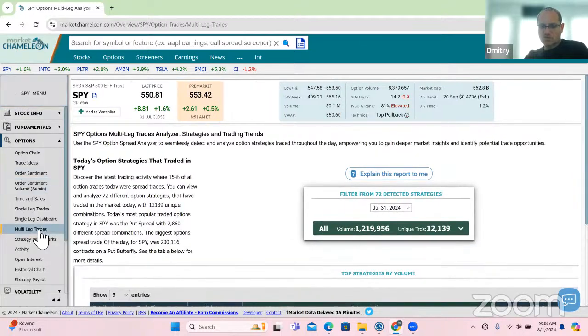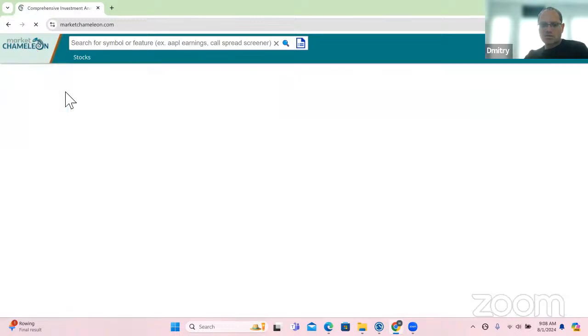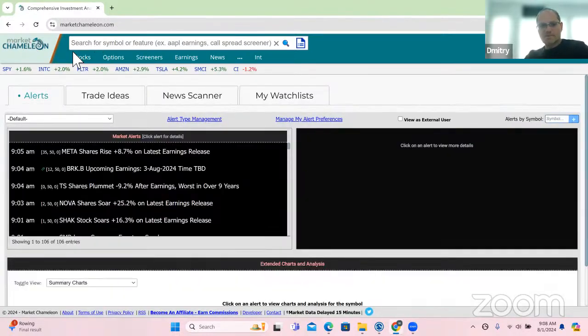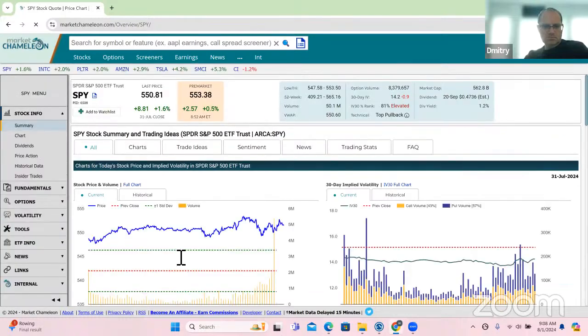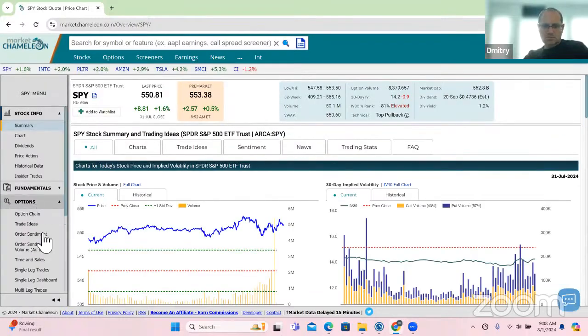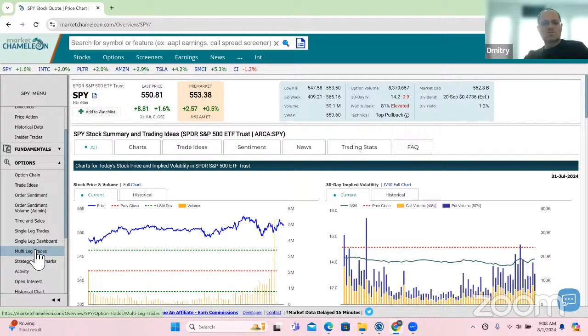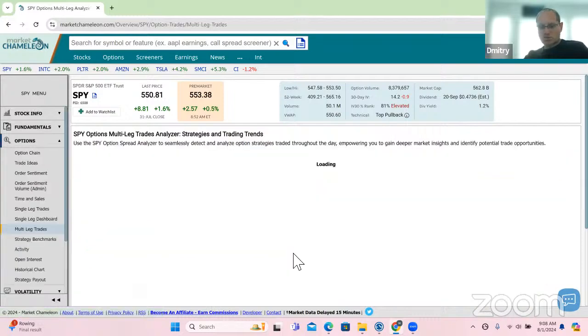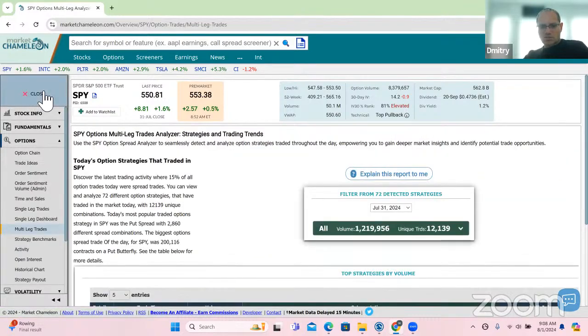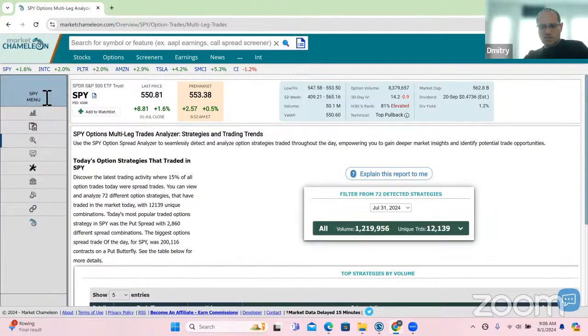So I'm going to go to the multi-leg trades in SPY. I go under options. We have these multi-leg trades.